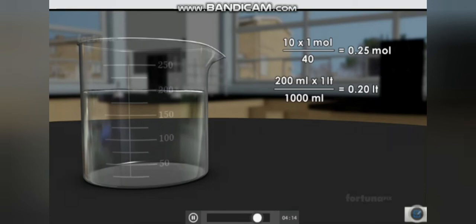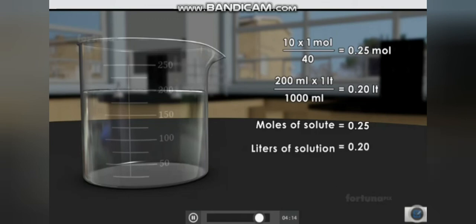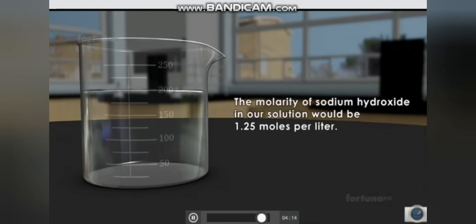In our example, the number of moles of solute is 0.25 and the number of liters of solution is 0.20. 0.25 divided by 0.20 will be 1.25. From this, we know that the molarity of sodium hydroxide in our solution would be 1.25 moles per liter.